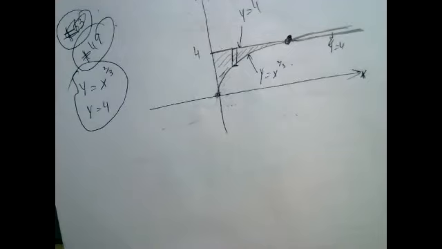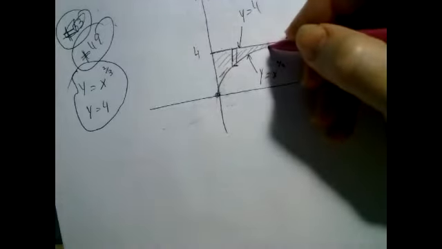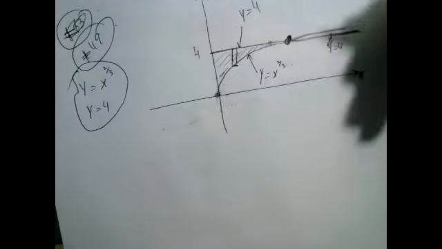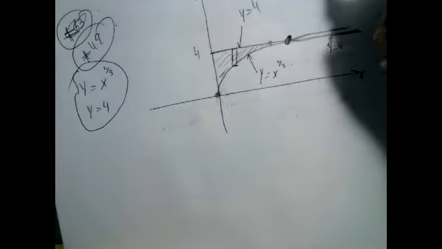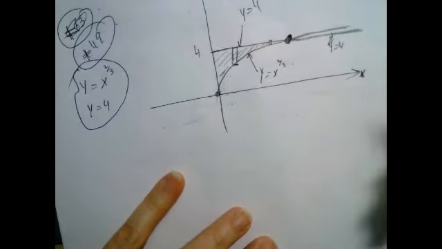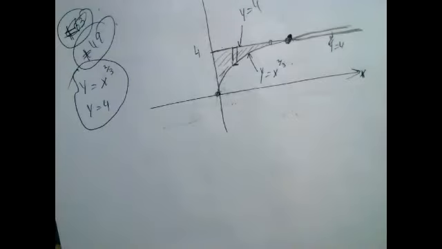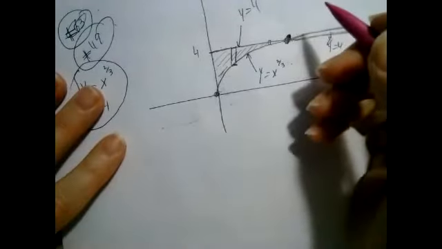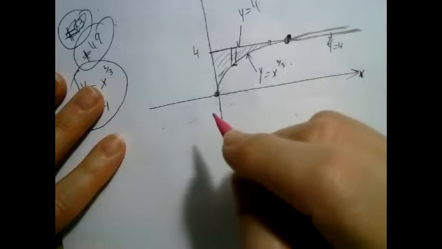How? Because it's approaching y is equal to 4. But it's approaching, is it changing? Is it the same curve, or all of a sudden another curve? No, this is the same curve. The same curve. So we can, but we don't have to.